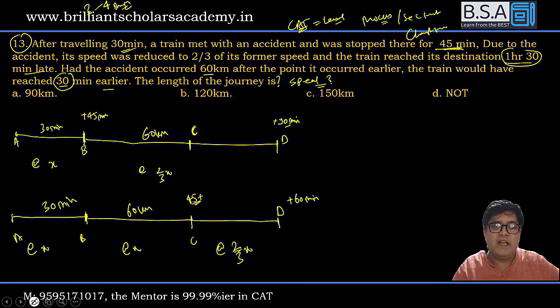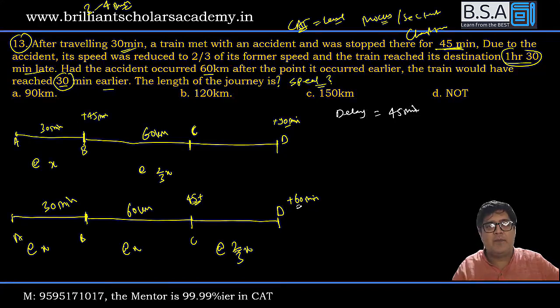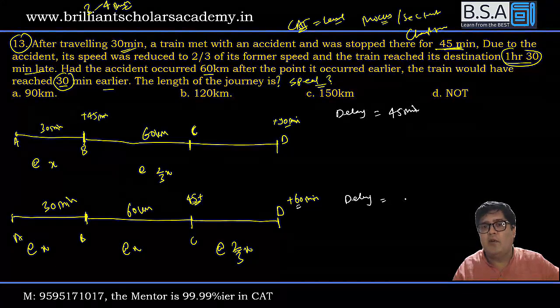Can I say 45 minutes was the stoppage time? So journey delay was 45 minutes only. Here, total delay is 60 minutes. 45 minutes was the stoppage delay. So journey delay is only 15 minutes.